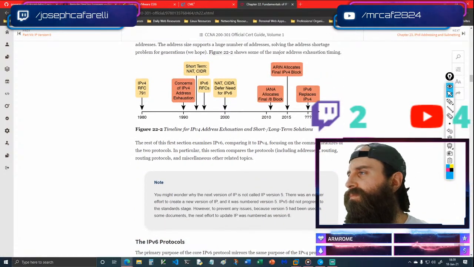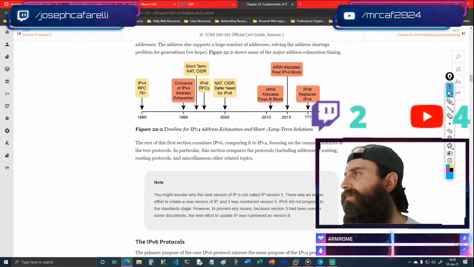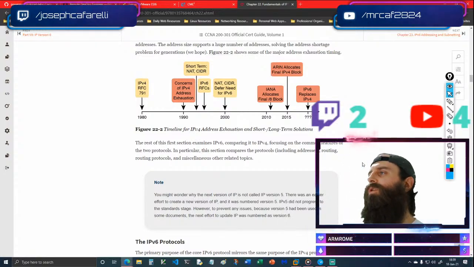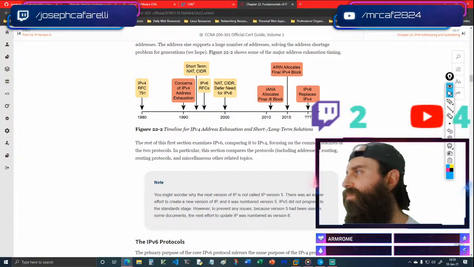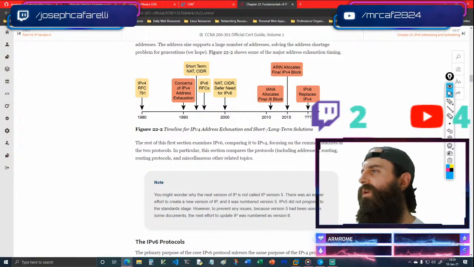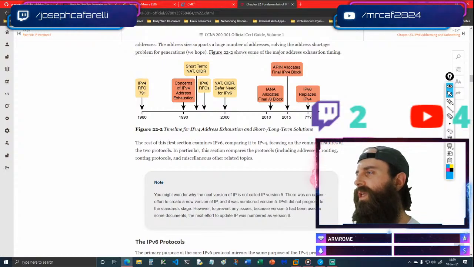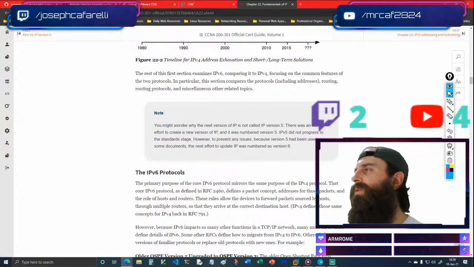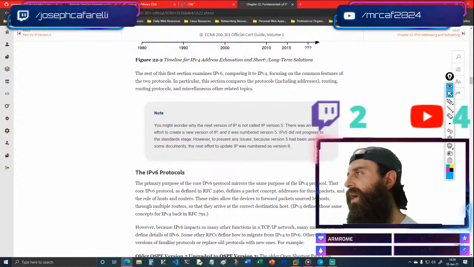All right. The rest of the first section explains IP version 6, comparing it to IP version 4 on the common features of the two protocols. In particular, this section compares the protocols, including addresses, routing and routing protocols, and miscellaneous other related topics. You might wonder why the next version of IP is not called IP version 5.